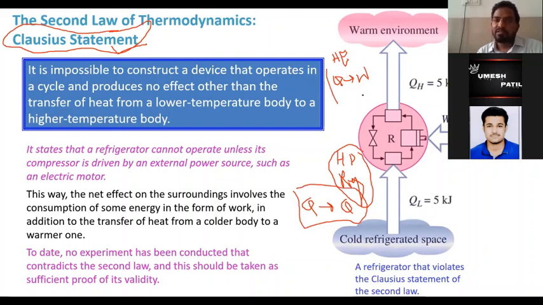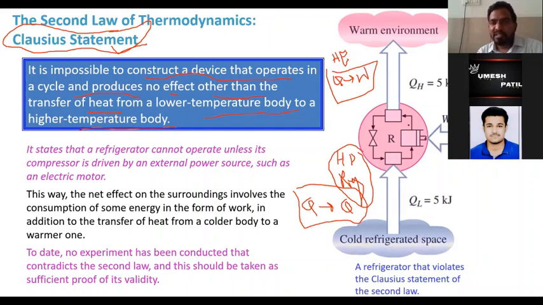There isn't any conversion of heat into work. So the statement is, it is impossible to construct a device that operates in a cycle and produces no effect other than transfer of heat from a low temperature body to a high temperature body.